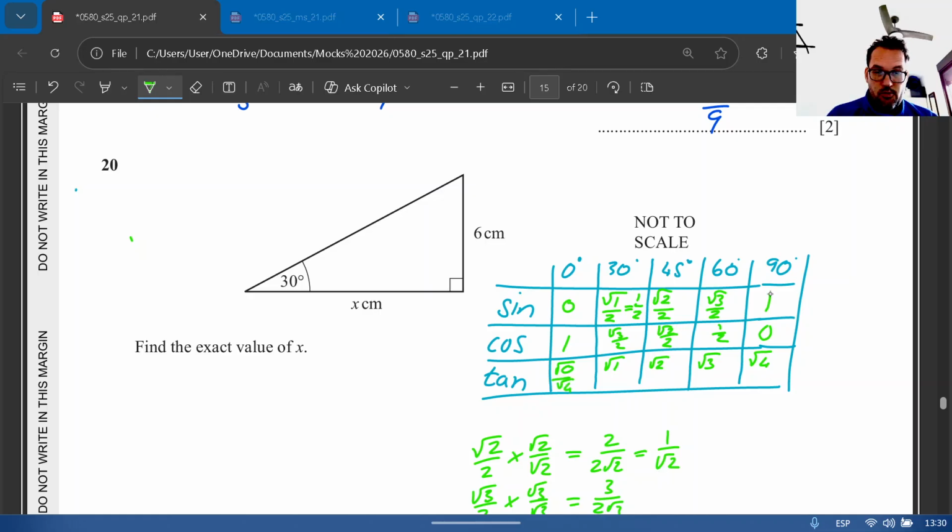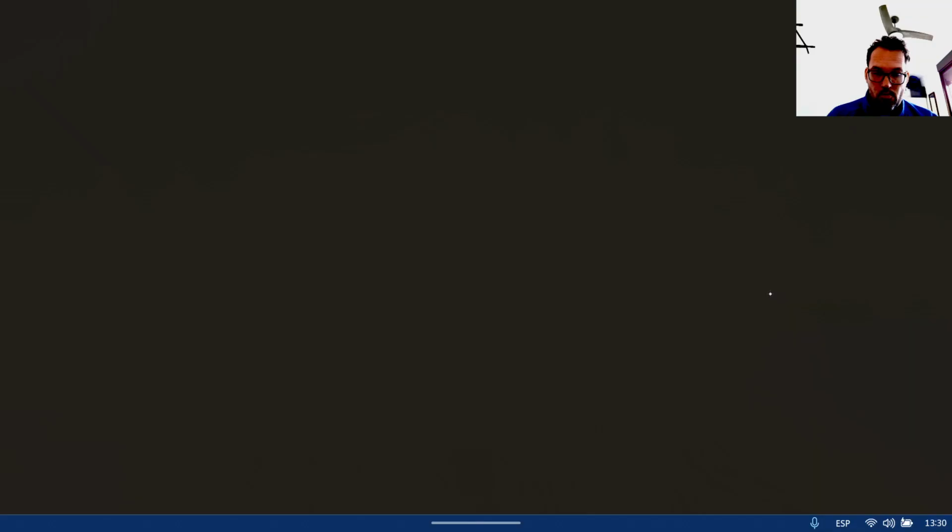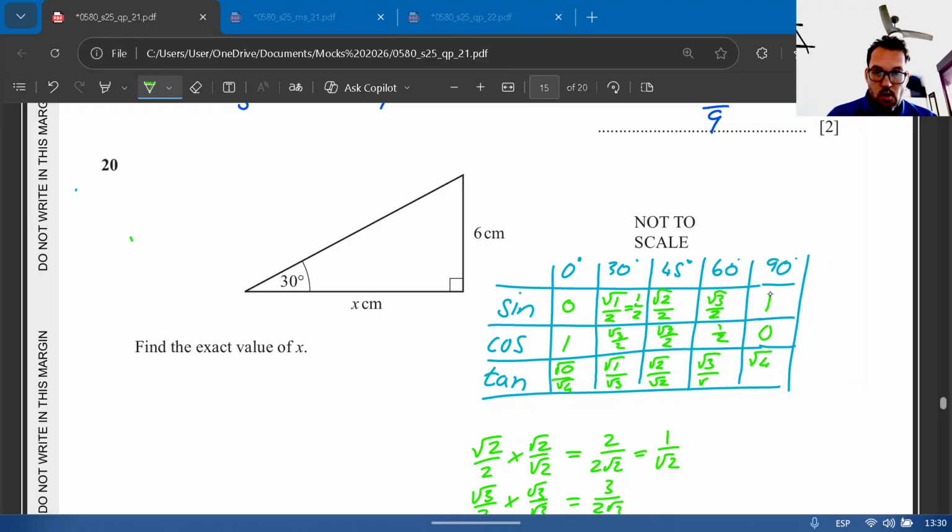We divide it by square root 4, divide this by square root 3, divide this by square root 2, divide this by square root 1, and divide this by square root 0. Okay, and then just simplify.